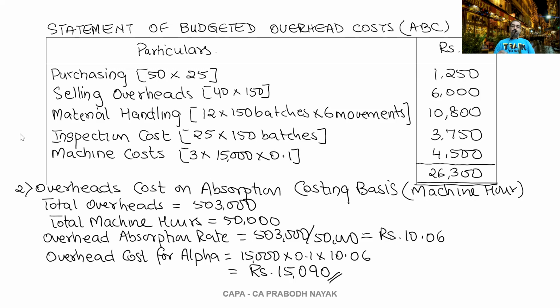Economic order quantity. No, economic order quantity is for the purchase of raw materials, not for production.